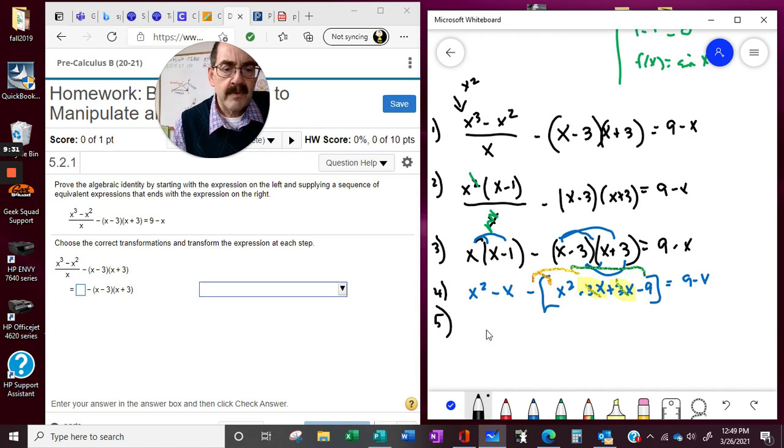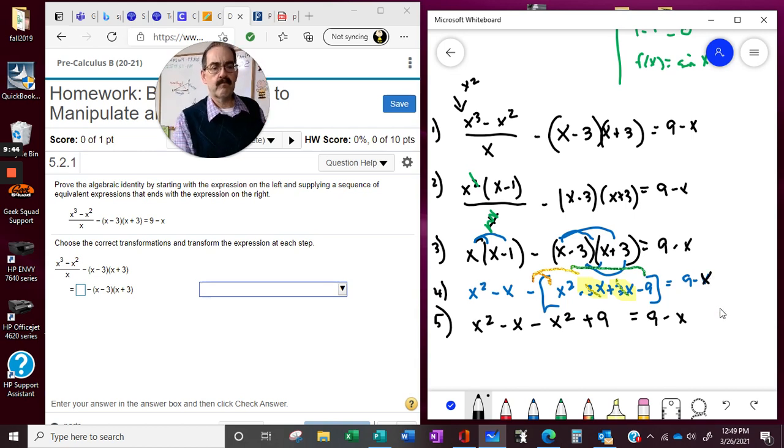Step 5: x squared minus x squared plus 9 equals 9 minus x. The x squared cancels out. Negative x plus 9.